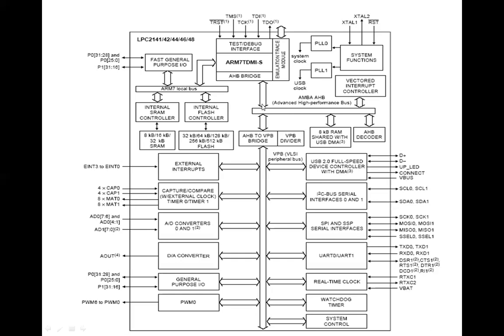Then the third block is divided between the VPB divider and the AHB to VPB bridge. We will see what that VPB bridge and VPB divider are later in the further slides.